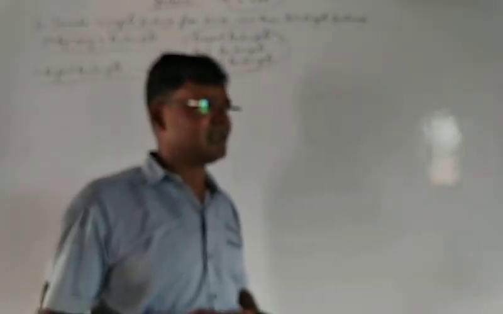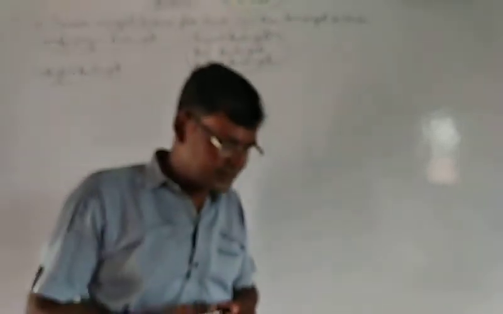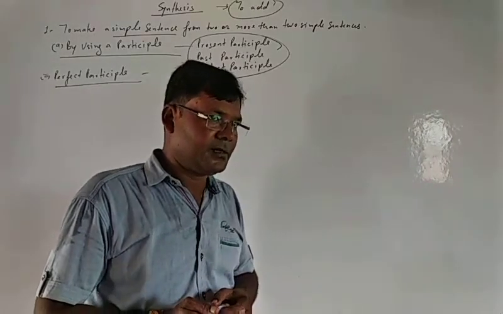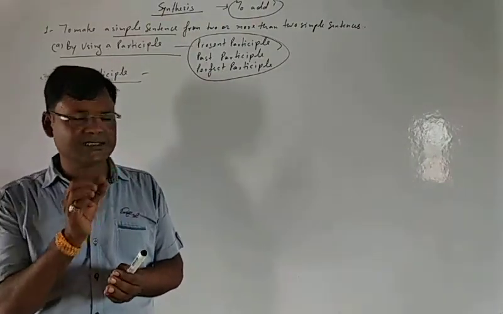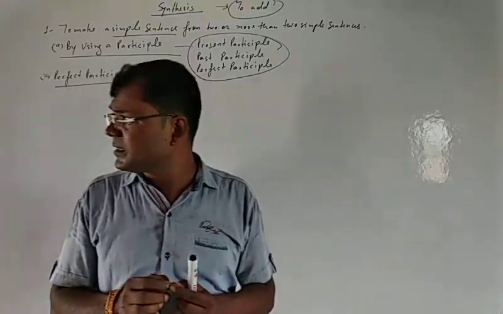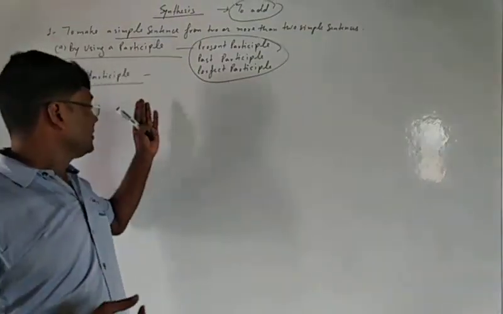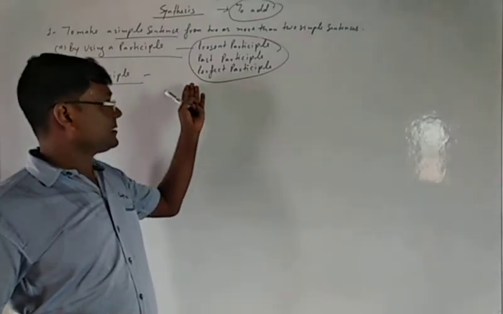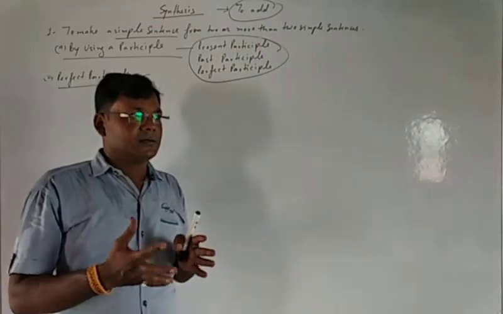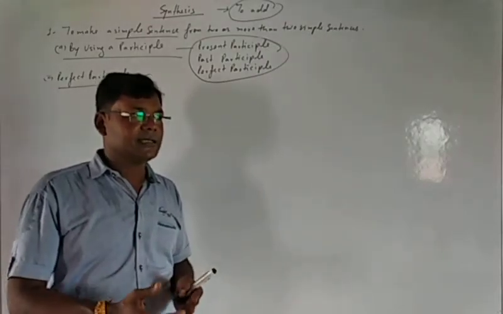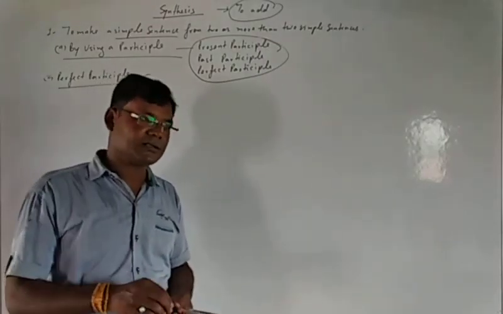In perfect participle, we find the same structure, same things as present participle. First work is done at first and second work is done after that. But there is a very little difference between present and perfect participle. In present participle, the second work starts just before finishing the first work.